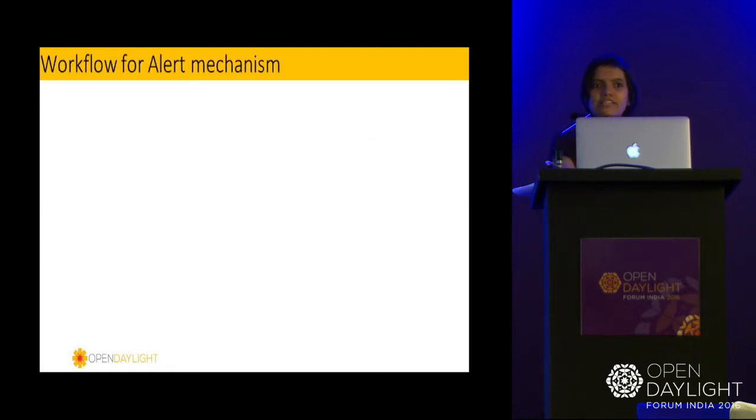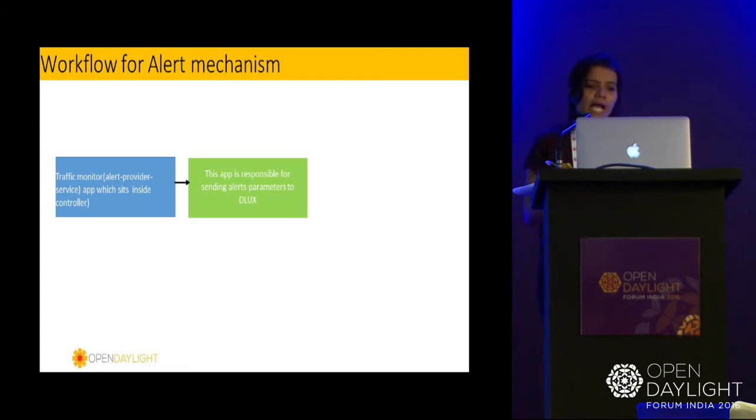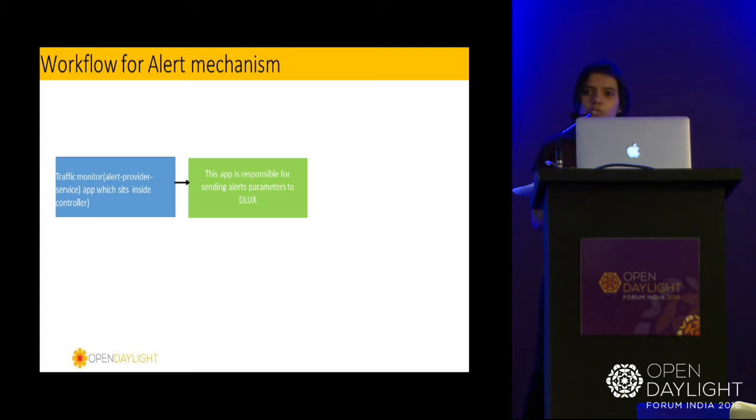So let's see the workflow of this use case. The first step is that we have to write one application inside the controller. This application acts as an alert provider for our use case. The second block is that we have to implement the app in such a way that it will send alerts to DLUX.